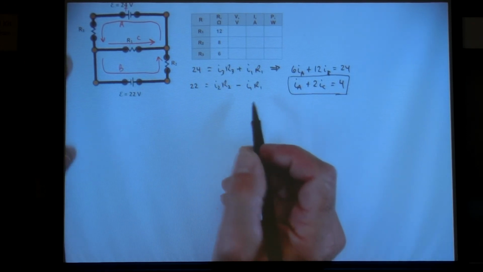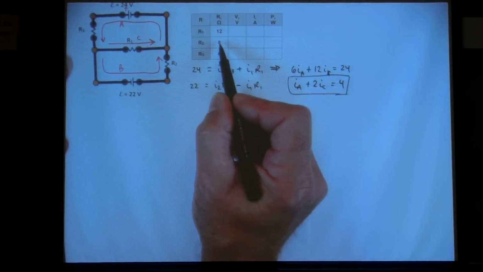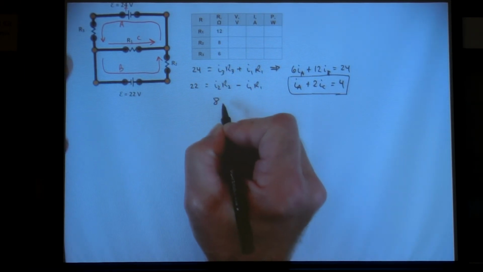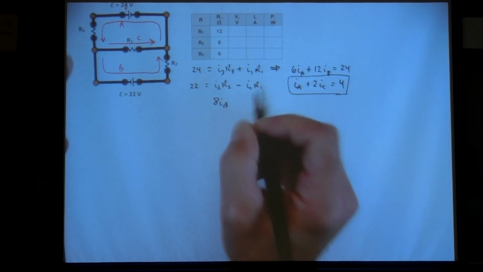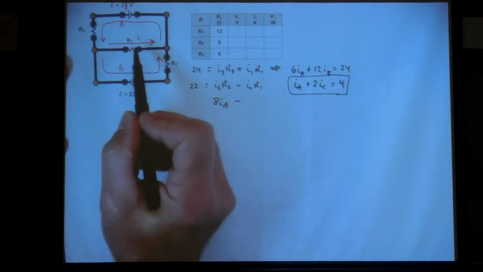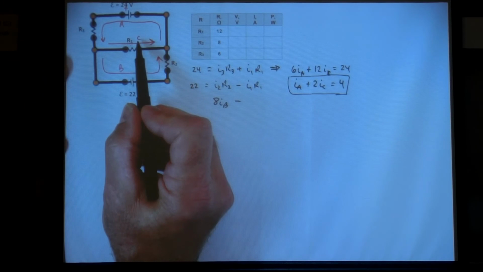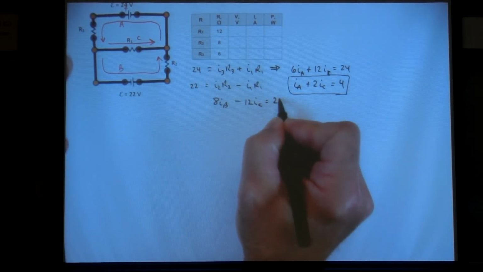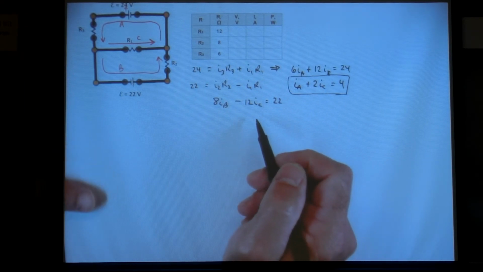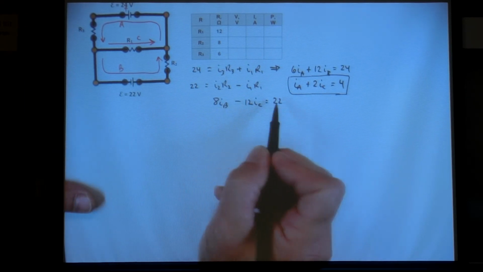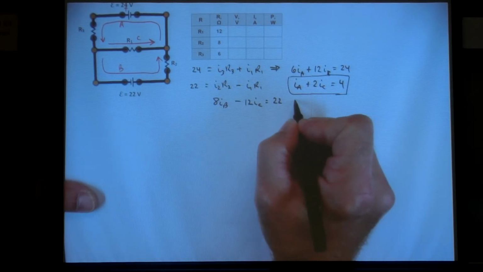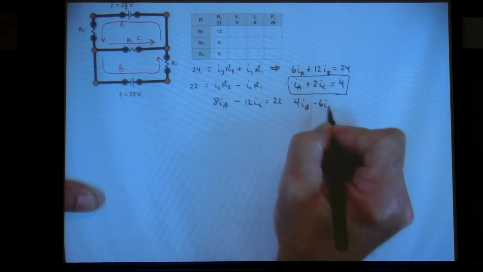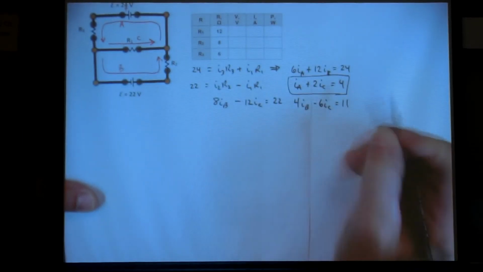So when I substitute in, R2 is 8 and I2 is current B, so I have 8IB minus resistor 1 is 12 and that's IC. That's going to equal 22 volts. This one I can divide everything by 2 and get 4IB minus 6IC equals 11.